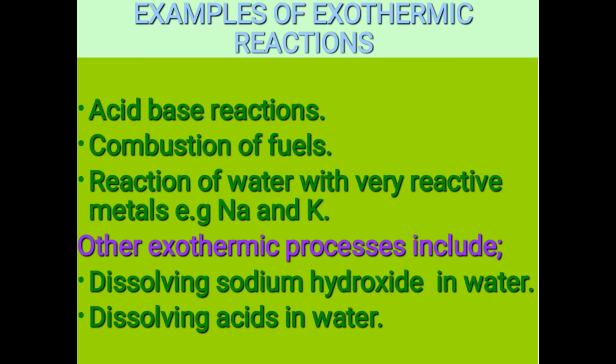Another example is reaction of water with very reactive metals. The reactive metals we are talking about here are sodium and potassium. When you try to drop sodium in water, it will produce a lot of heat, and that heat will melt the sodium. You see the sodium moving around the water. If you try to drop potassium in water, there will be a lot of heat produced.